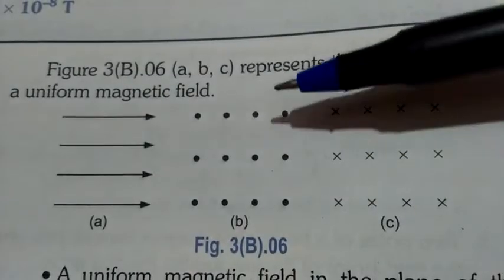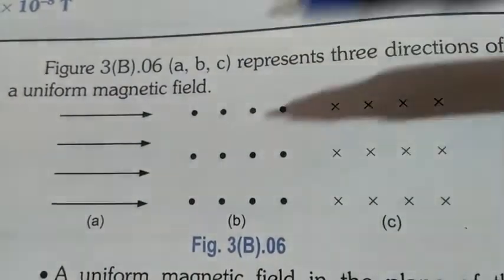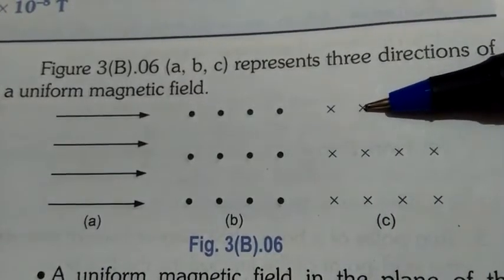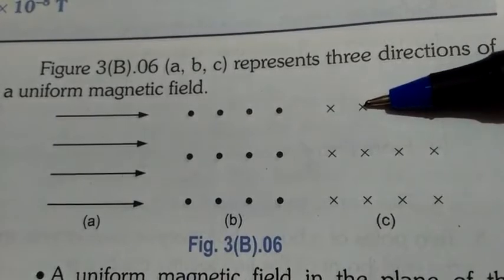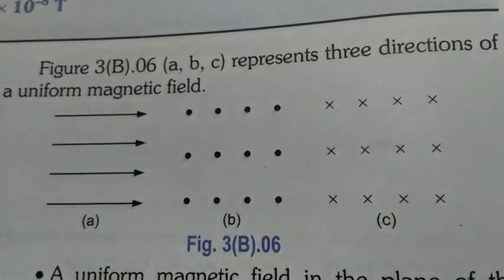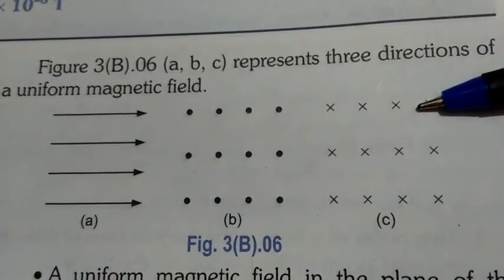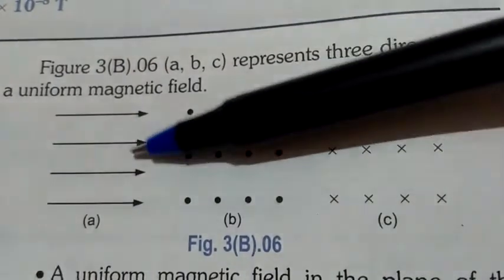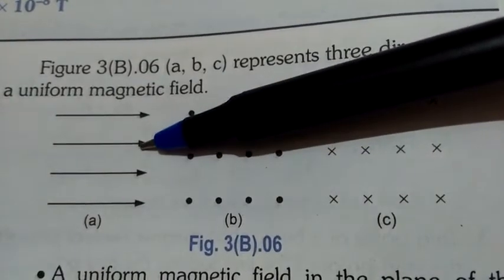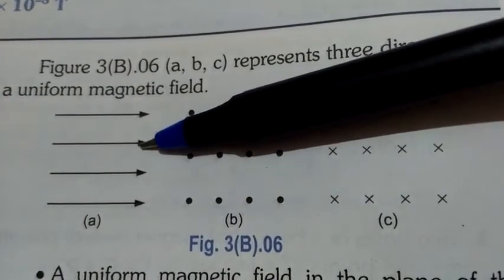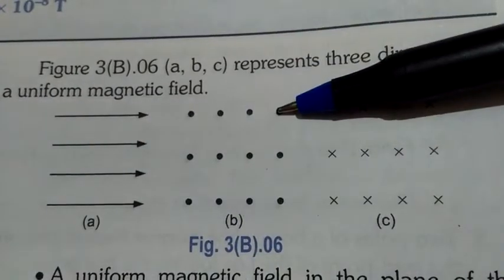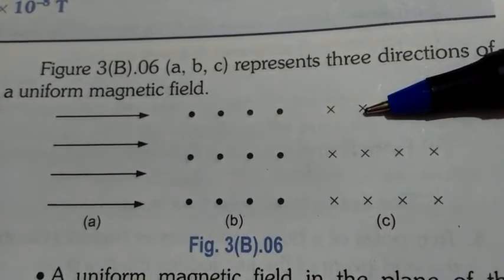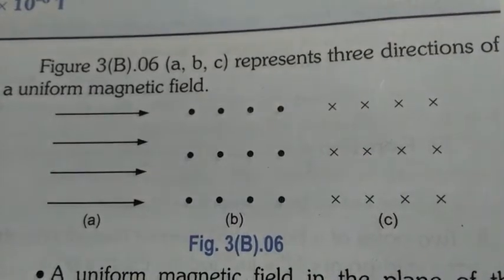If the lines are perpendicular to the page but in downward direction, that means the magnetic field lines are going down, so that time they are denoted by a cross sign. Is it clear? This method is used when the magnetic field lines are on the page, this when they are coming out from the page in upward direction, and this when they are going into the page in downward direction.